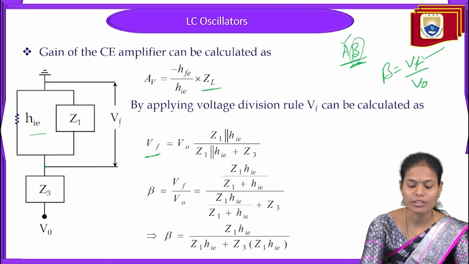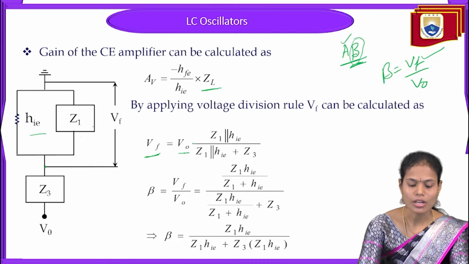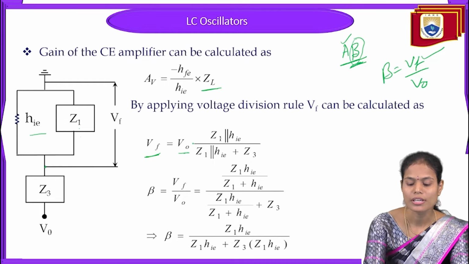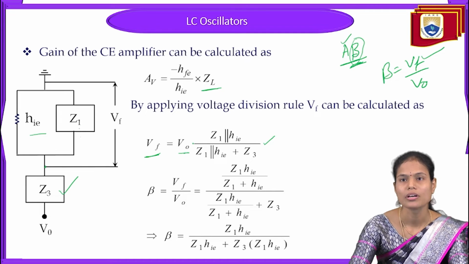To find VF, we apply the voltage division rule. VF equals V naught into the opposite impedance, which is Z1 parallel with HIE, divided by Z1 parallel with HIE plus this particular impedance. Voltage division rule: opposite voltage into opposite resistance by overall resistance.